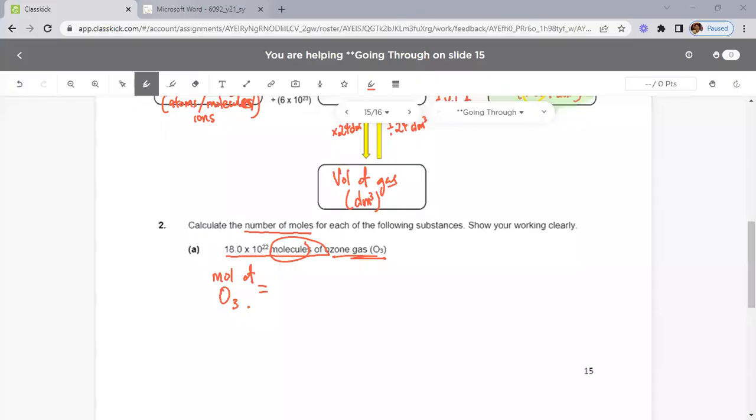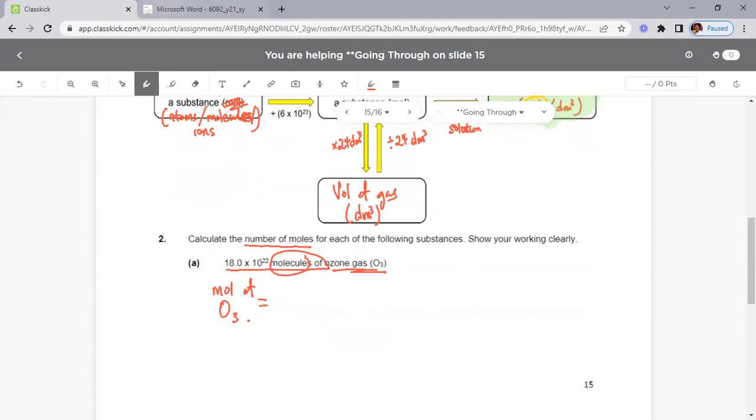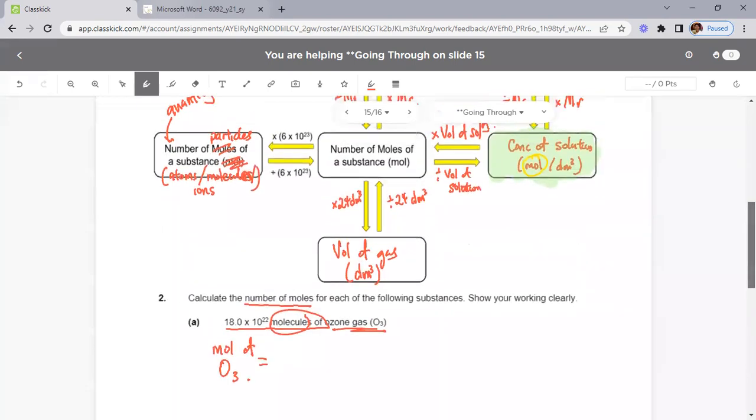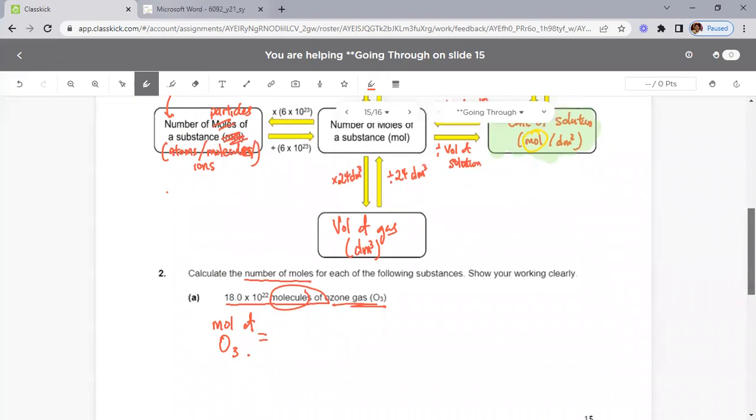So to find the number of moles of ozone, what you're given is molecules here. Those who are very familiar with triangles, go ahead, use your triangles. But for part A, we are looking at how to convert number of particles to mole. If I follow the arrow, it's to divide by 6 times 10 to the power 23.